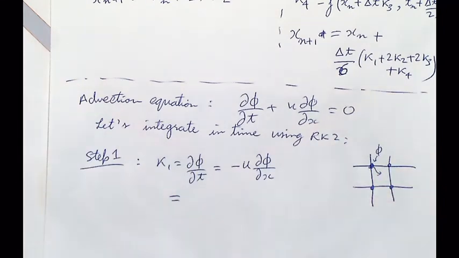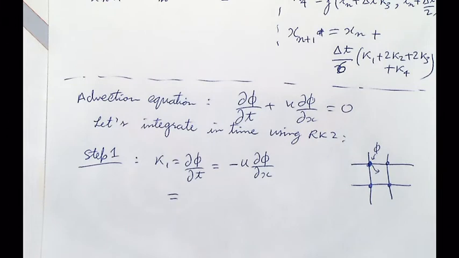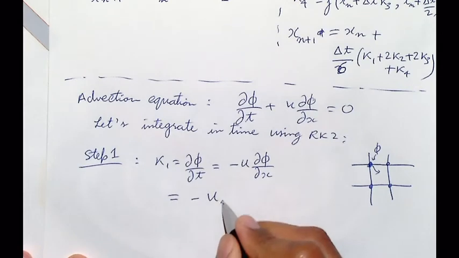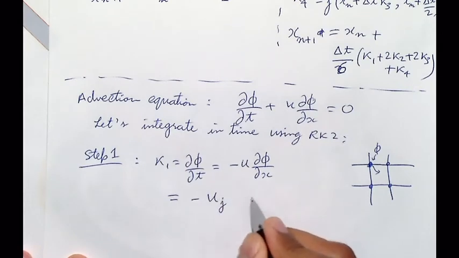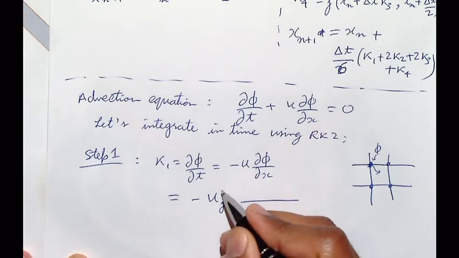But what should I do with this? I mean, I have data given at grid points, right? So, discretize. So, minus u, let's say j, at what? n or n plus 1?